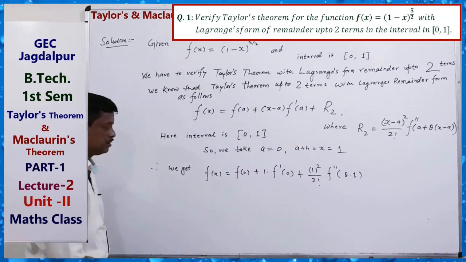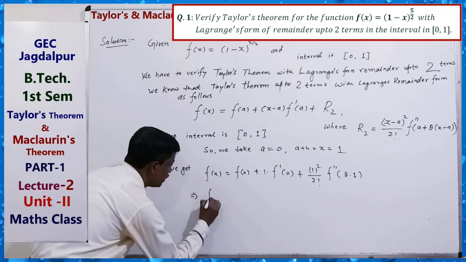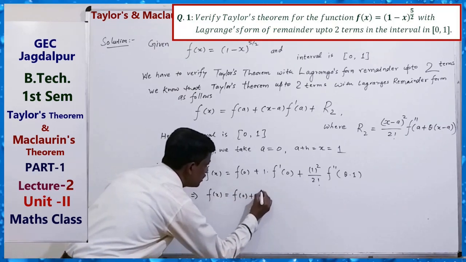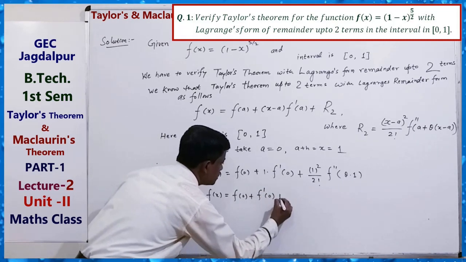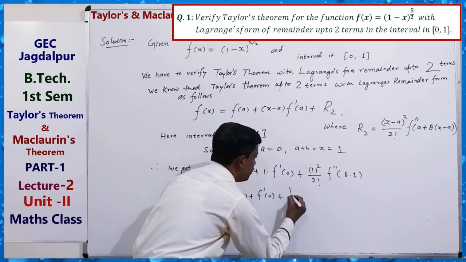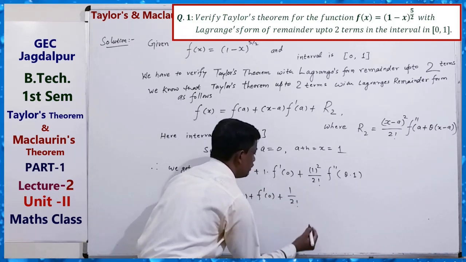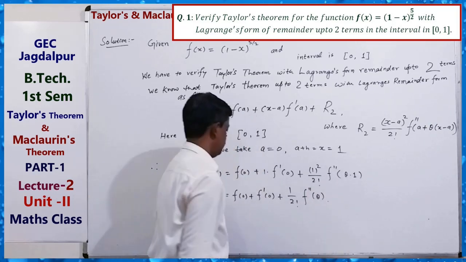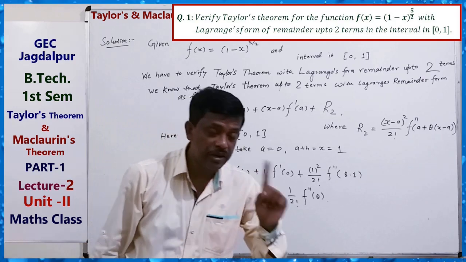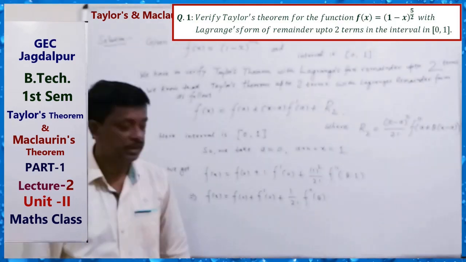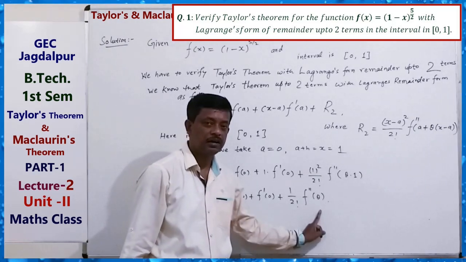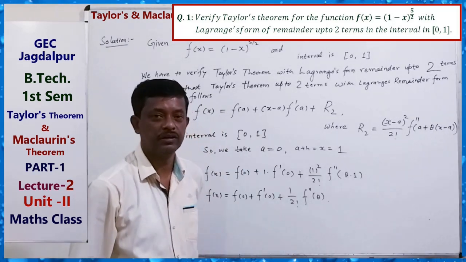So f(x) equals f(0) plus f dash 0 plus 1 upon 2 factorial f double dash theta. Now we have to verify Taylor's theorem; that means the value theta must lie between 0 and 1.